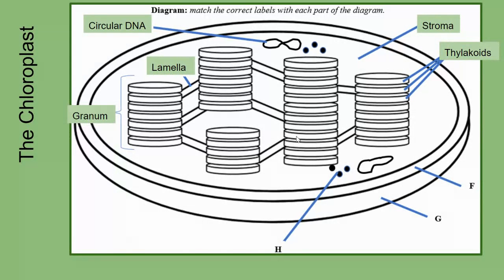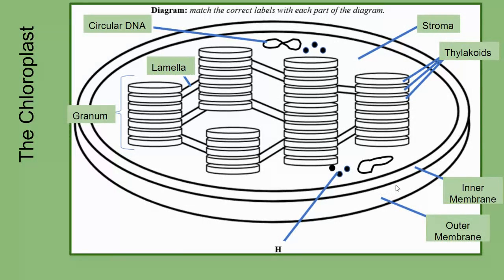All right, next label, F. It's pointing to this inner line here, and that is called the inner membrane. Chloroplasts actually have two membranes around them. Our cells only have one cell membrane, but chloroplasts have two, which means they're probably pretty choosy about what comes in and out of the chloroplast. So there's the inner membrane, and then there's the outer membrane that you can see there.